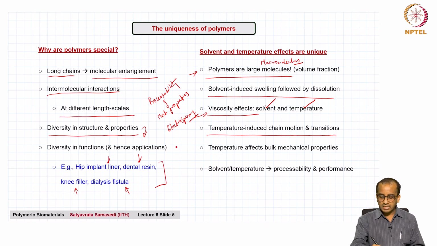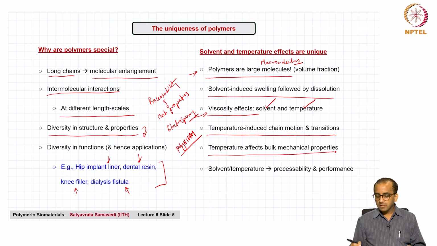One example of that is polynipam, poly-N-isopropyl acrylamide, which I would encourage you to look up. It has a very unique property that at 32 degrees it undergoes a transition. What kind of a transition it undergoes is something that I would highly encourage you to look up.